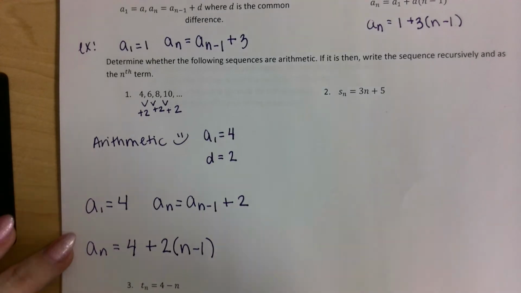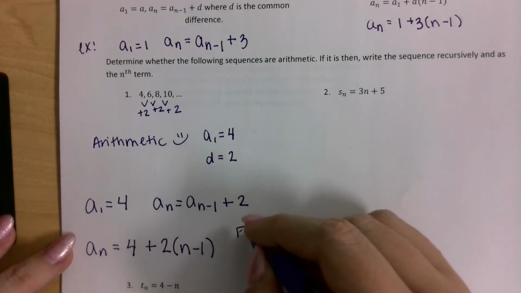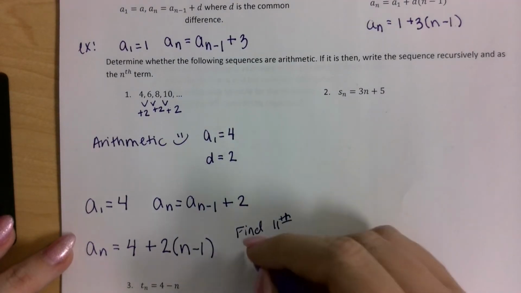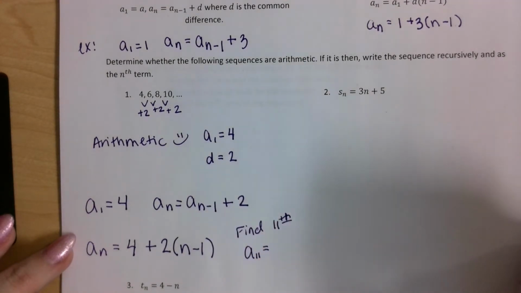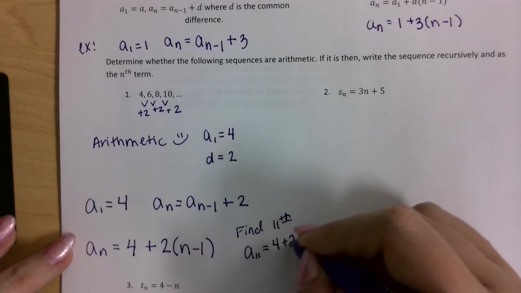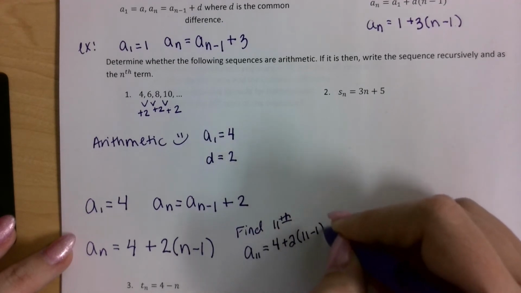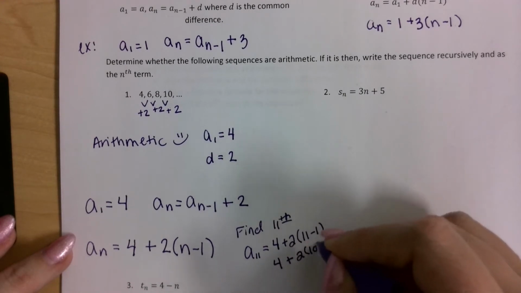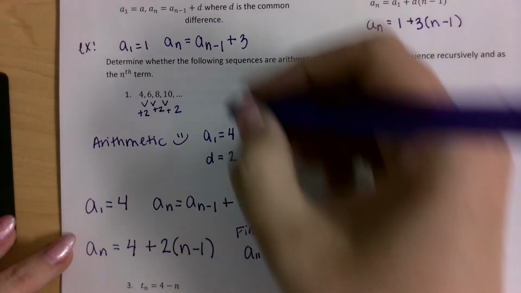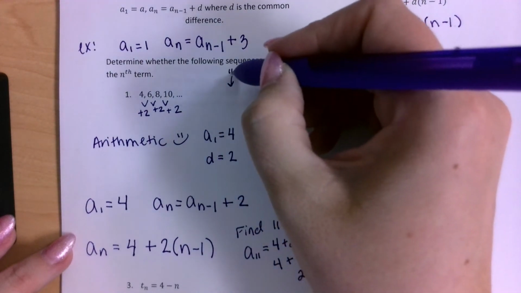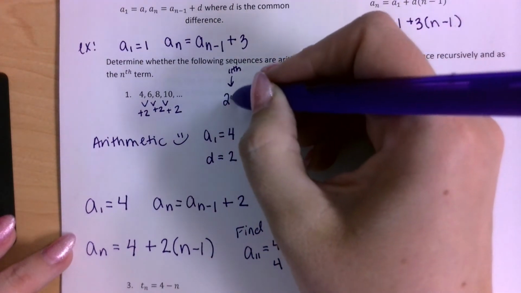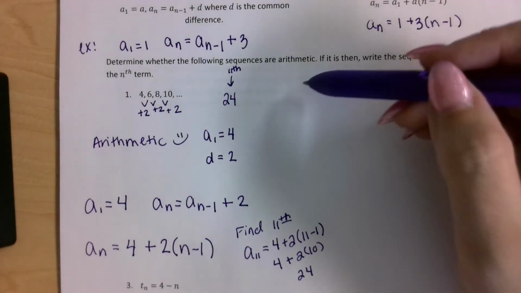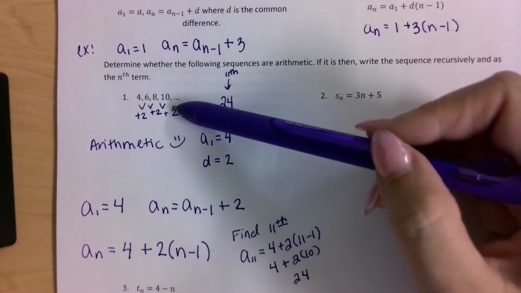So for example, if it said find the 11th term, we would say a sub 11 is going to be 4 plus 2 times 11 minus 1, which would be 4 plus 2 times 10, which would give us 24. So if I went all the way to the 11th spot in our list, that number is going to be 24.